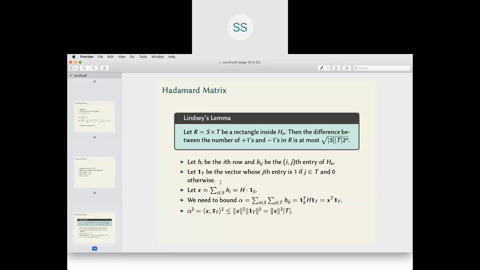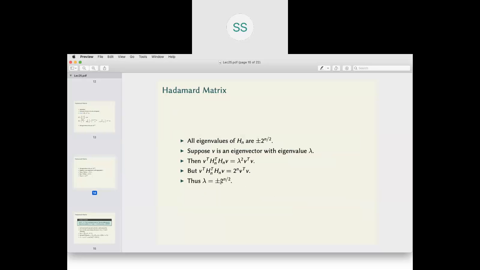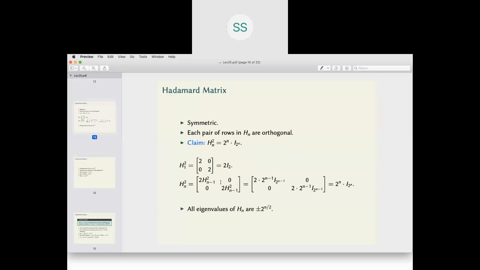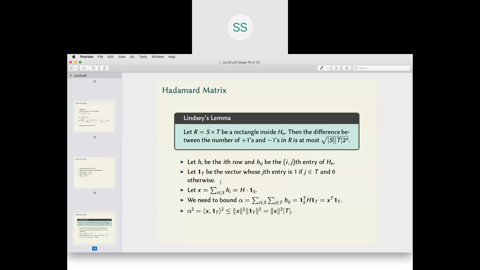Okay. So again, we'll use the properties that we have already seen. So what are the properties? The main property that we'll use is that all the eigenvalues are plus minus 2 power n by 2. Right? And of course, it's symmetric. Hn is symmetric. So let Hi be the ith row of Hn, and let Hij be the ijth entry of Hn. Okay.